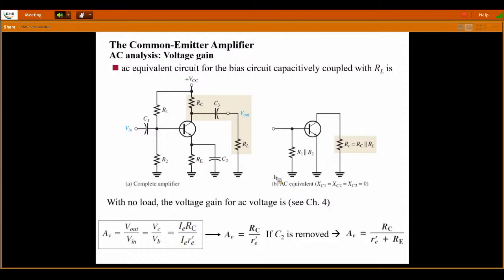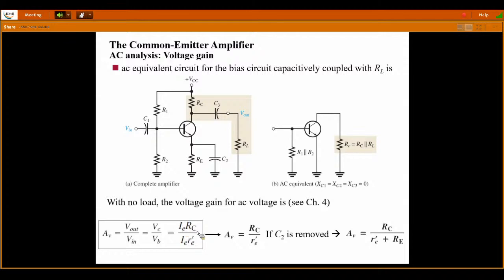Now this is your AC analysis. This is the AC equivalent input circuit and the AC equivalent output circuit. From this we find the output voltage gain, Vout by Vin, which is VC divided by VB.